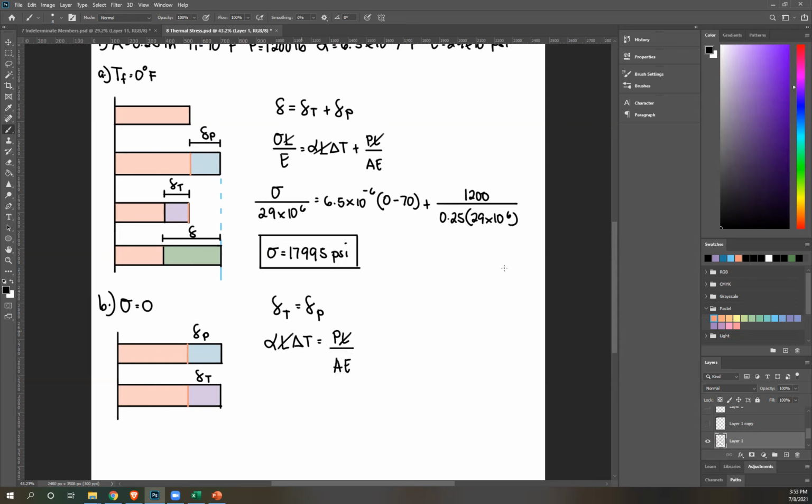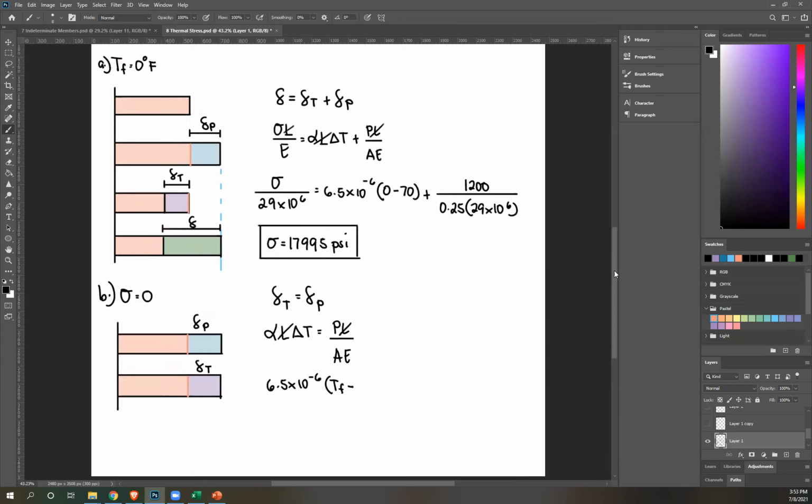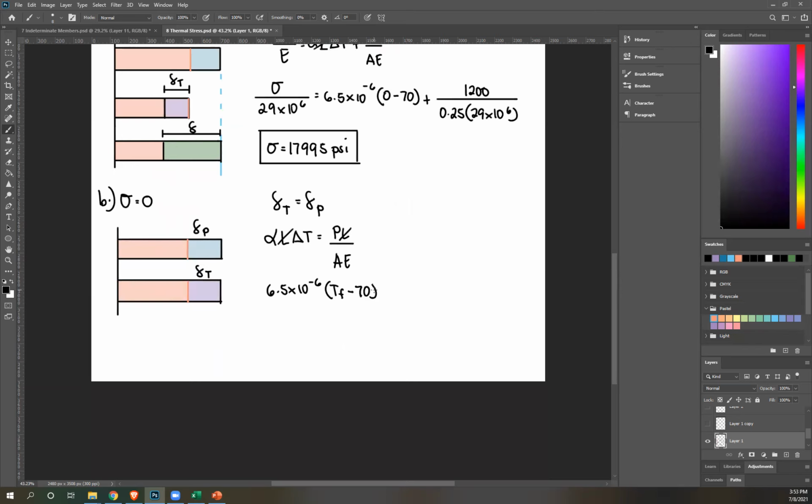Again, L cancels out. Alpha is 6.5 times 10 raised to negative 6. And then change in T is your final temperature, and that is what we're looking for, minus your original temperature, which is 70, equals P. Again, P is 1,200 over AE.